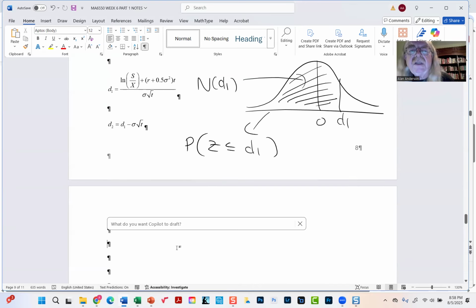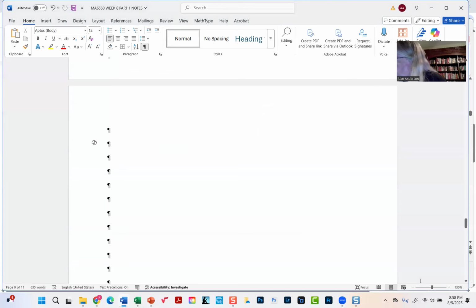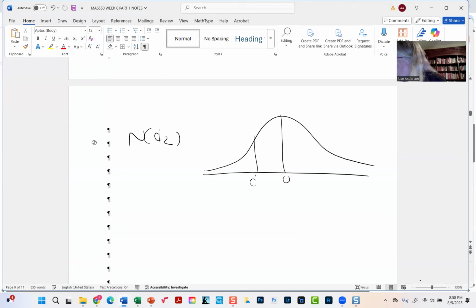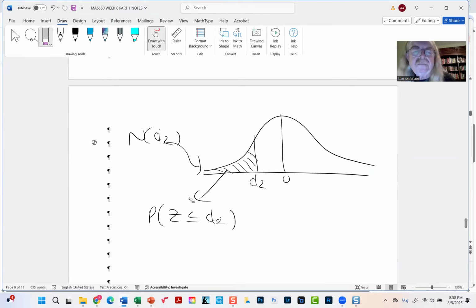And then N(D2) is a similar idea. So they're both nothing but cumulative probabilities. Okay, and so there's your model.